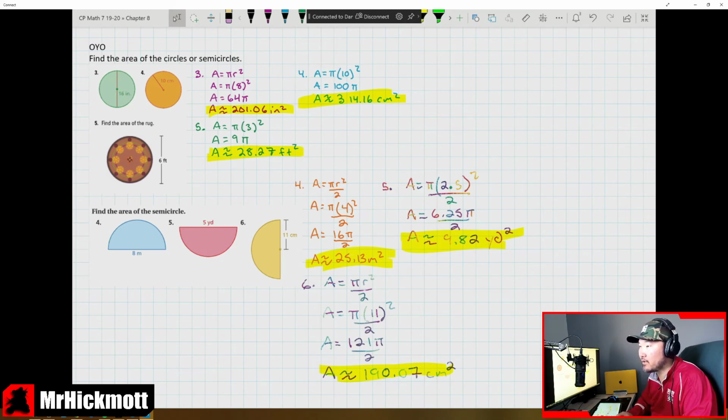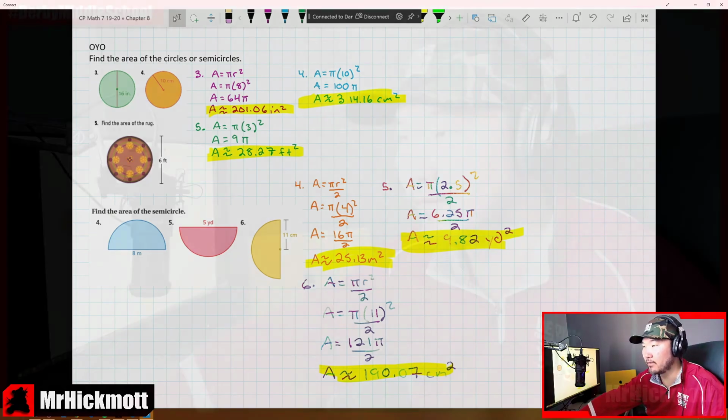And then for the semicircles, 4, 5, and 6, don't forget to divide by 2. The only awkward one will possibly be number 5 because you have a decimal, and it doesn't really change the work though, so just be aware that ugly numbers do exist. So take a moment to check over your work and look at the method. Then in a moment I will go ahead and wrap this up.